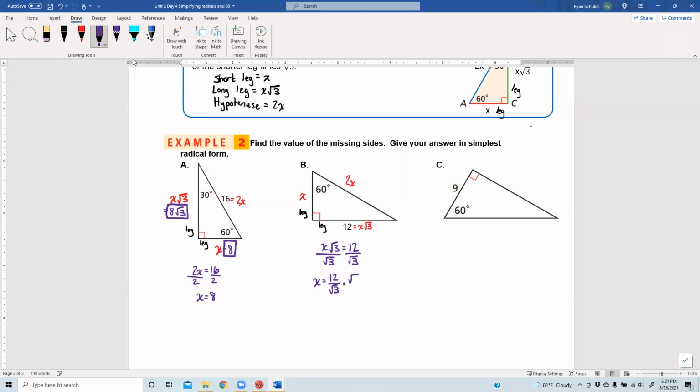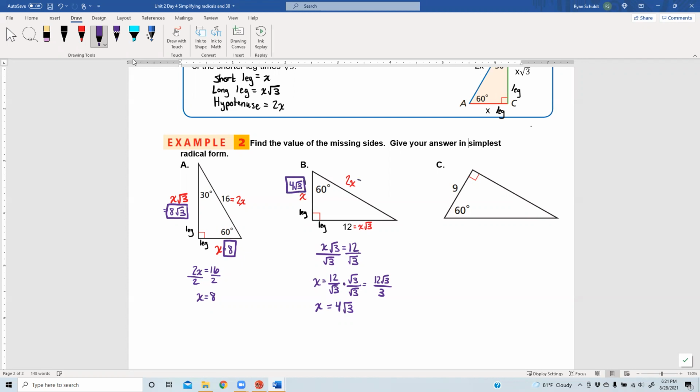So multiply by the square root of 3 over the square root of 3. Smash them together and remove the radical on the bottom. Now, can I reduce 12 over 3? Yes. It's going to be 4 square roots of 3. There's my x. There's that side.